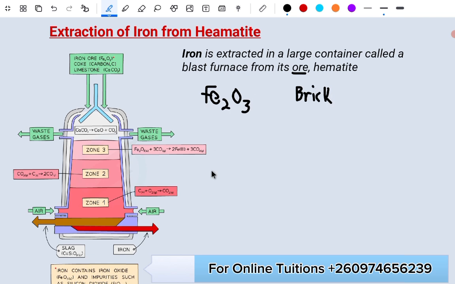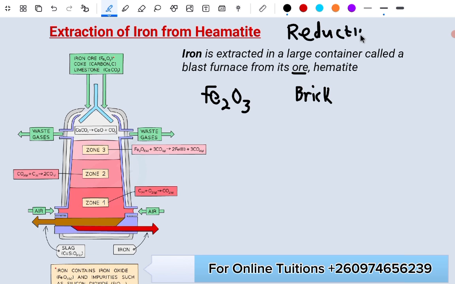So in our previous video we said there are three methods of extraction of these metals: electrolysis, reduction, and thermal decomposition. Here we are talking about the reduction method. If you haven't watched the previous videos under metals, please watch them, and you can also look at the extraction of aluminium.